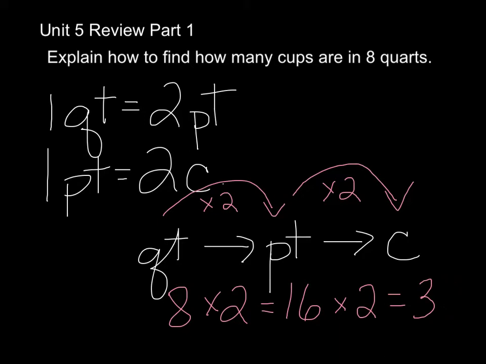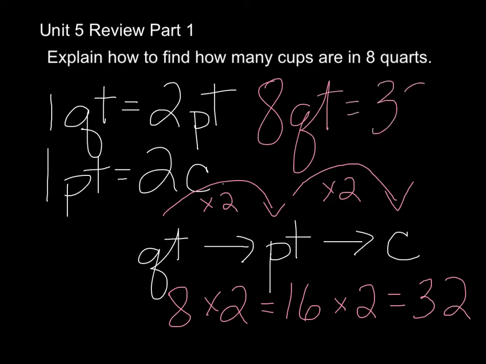It's going to be 32 cups. So 8 quarts will equal 32 cups. I don't have to memorize this stuff if I have a good reference tool like a table of measures, and those can be found everywhere, especially the interwebs.